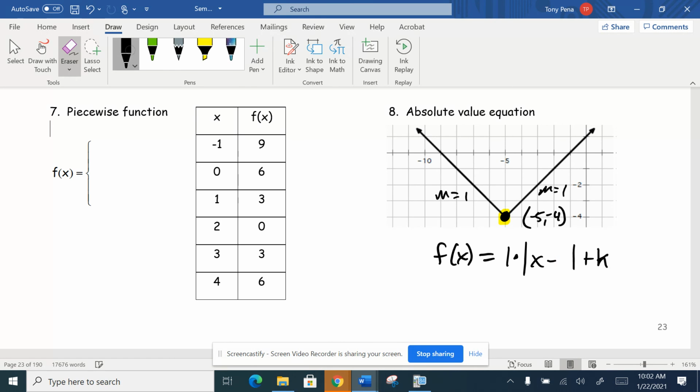Notice how we have a double negative here, like in that previous question. So if we ever end up with a plus, that tells us that our x was a negative value. So that should become x plus 5. And then on the back end, we should have a minus 4. This is the equation of that graph.